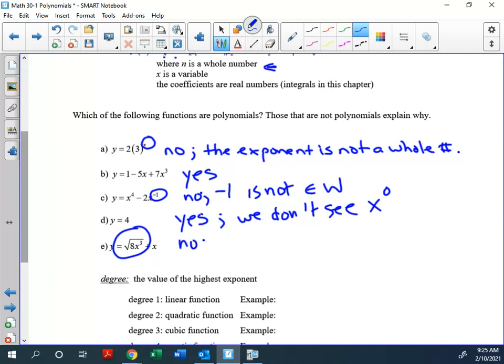So no, x has an exponent of 3/2 because that radical is the denominator of the exponent. So we're looking for that x to a whole number. And sometimes it's implied, so we've got to acknowledge that.